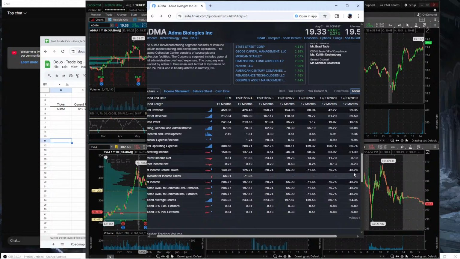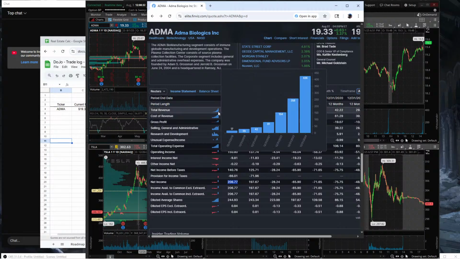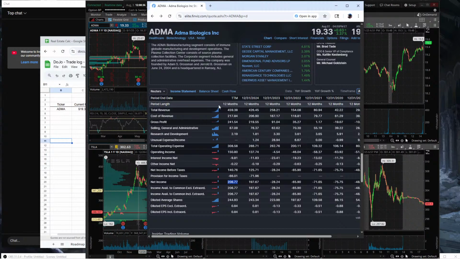It matches up perfectly here, all the way until you get to 2024. Trailing 12 months, their net income is good. Diluted shares is steadily increasing. Total revenue shot up year over year there. That's it. It's a big jump, man.